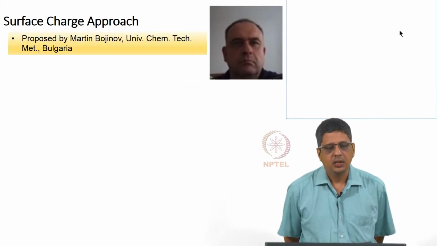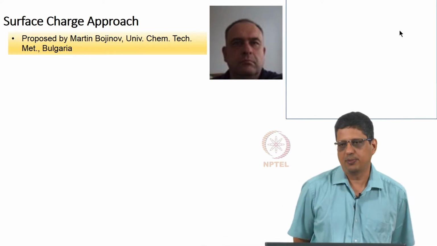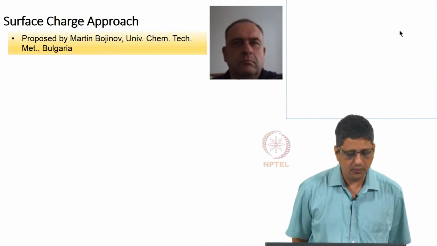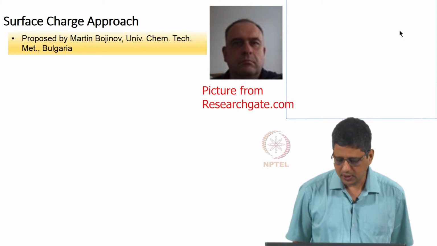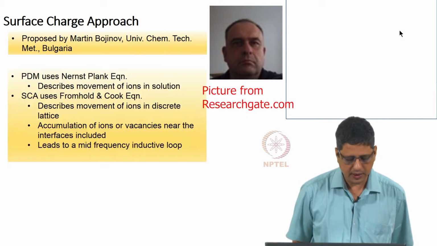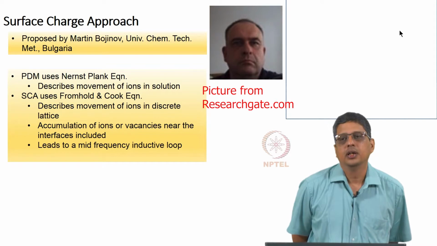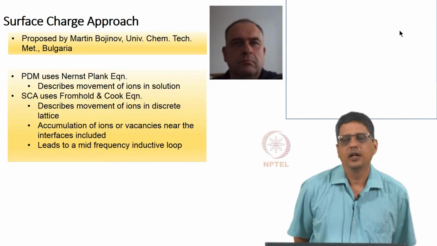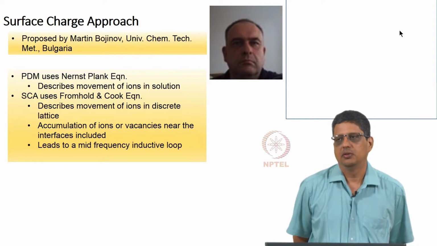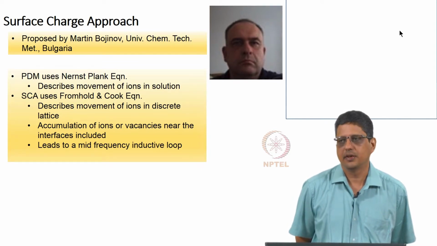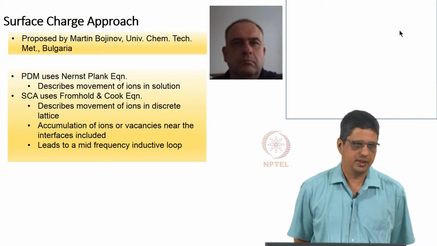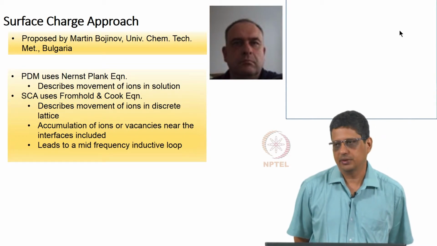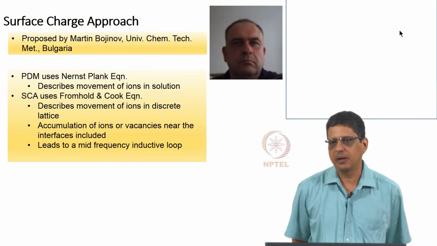Okay. There is a variation to this that is proposed by Martin Boinov. Could not get a better picture, so whatever I got I put here. In the point defect model, what is used is the Nernst-Planck equation, which assumes that the medium is continuous, meaning it is used for solution. If a charged species moves in solution, we use the Nernst-Planck equation to describe the movement.